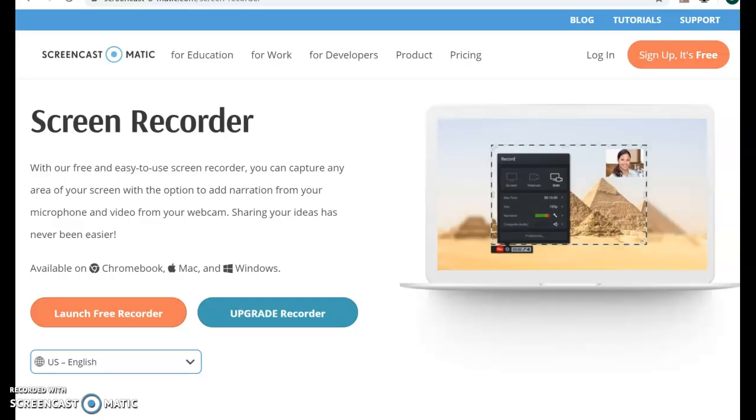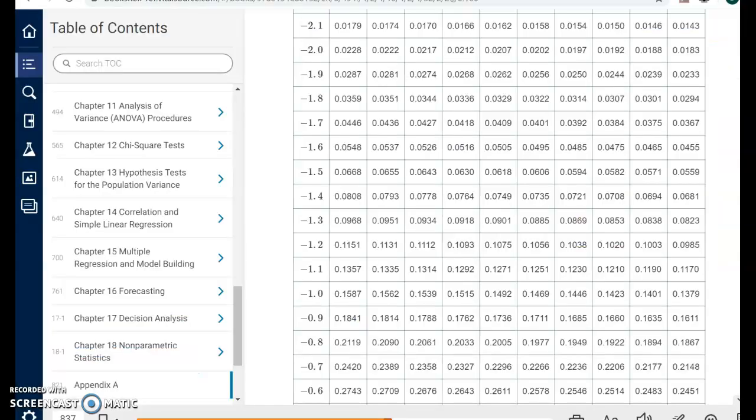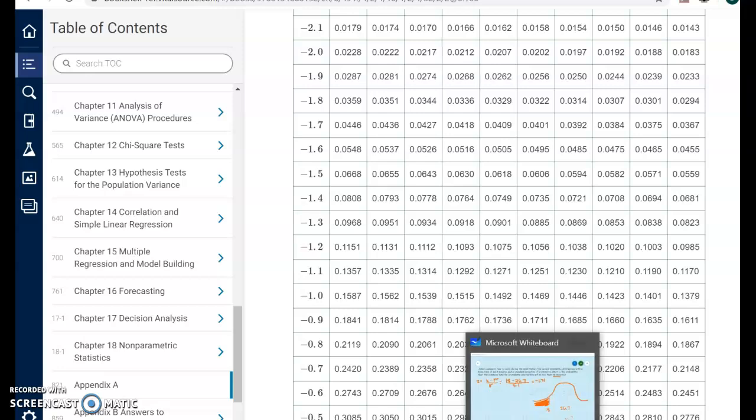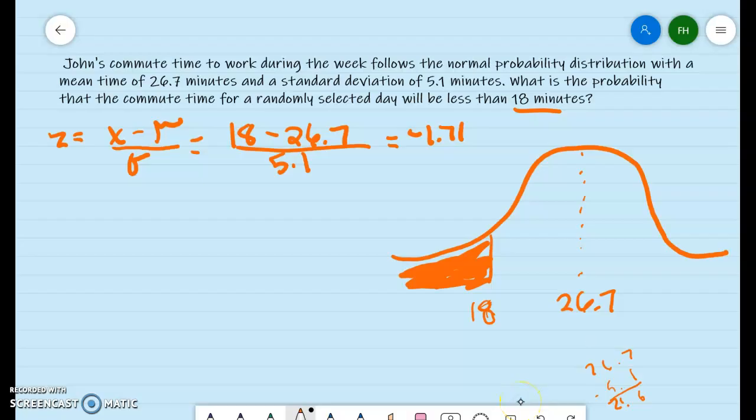So when you look that up on the table, negative 1.71 would be right here: 0.0436. So when we change this to z-score, the mean becomes 0 and the value of 18 becomes negative 1.71.